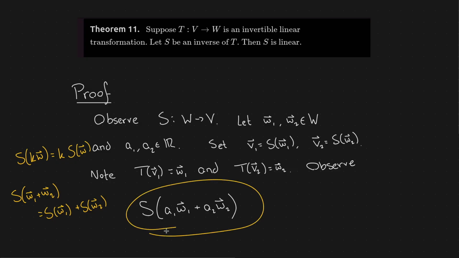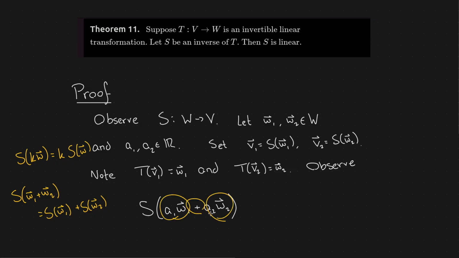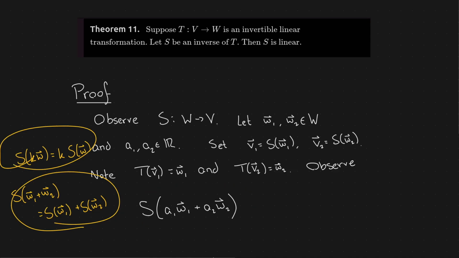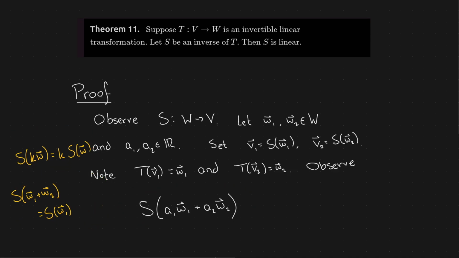What I'm doing is I'm just doing it all at once. I have a sum of vectors, and those vectors also have scalar multiples. Okay, so I'm just throwing it all together all at once. If I can show both these properties hold with this, then I will have what I want.